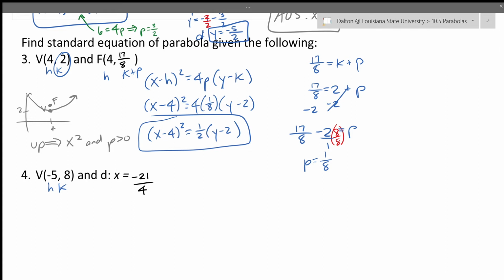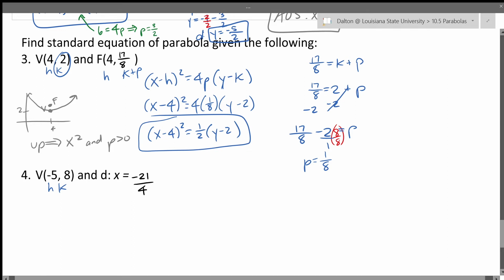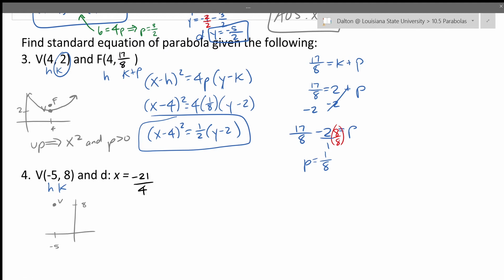So again, I would sketch out where this point and where the directrix are to get an idea of what I'm dealing with. So my vertex is at negative 5/8, which might be here. And the directrix is at negative 21/4. Can you even just estimate where negative 21/4 is? Okay, good.